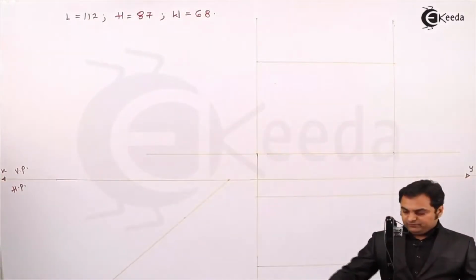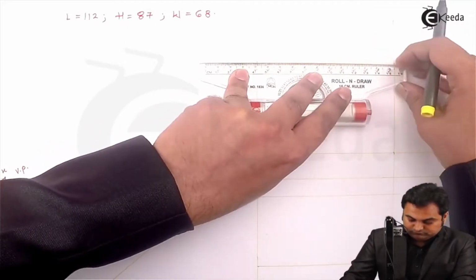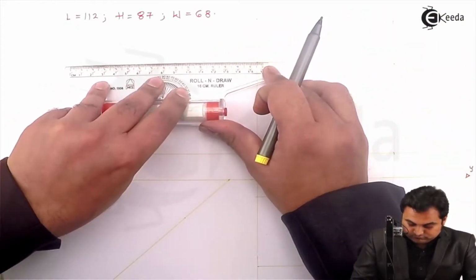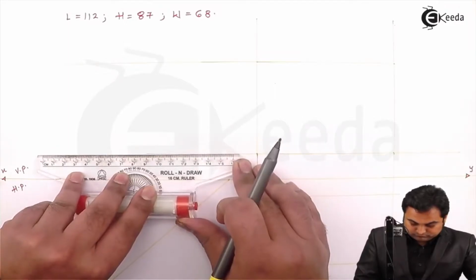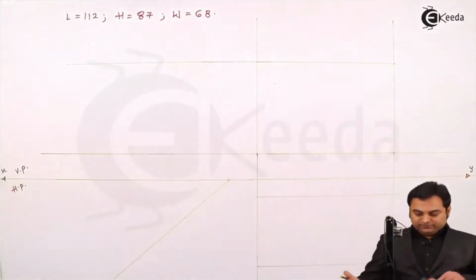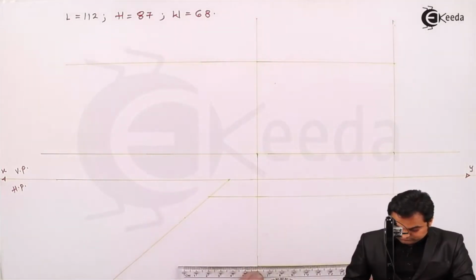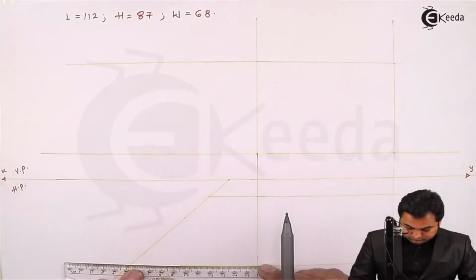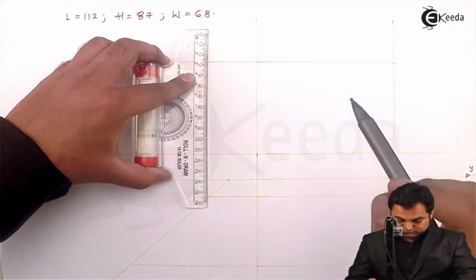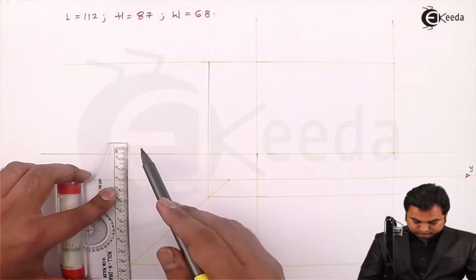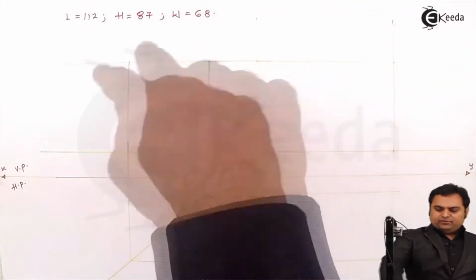Height I can get from the front view, and width from the top view. Now inside this rectangle, I'm going to draw the side view.